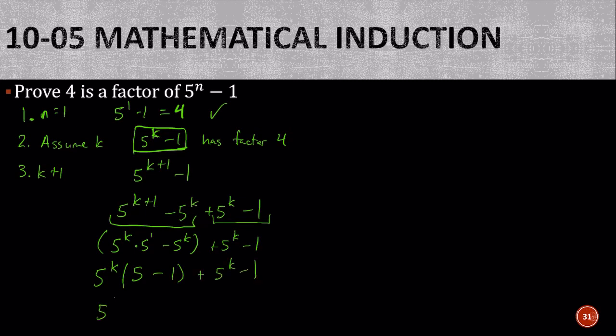So in other words, that's 5 to the k times 4. All right, so 4 is a factor of the first part since it's something times 4. I can divide the 4 out. And this is assumed to have 4 as a factor. Therefore, 4 must be a factor of the whole thing.